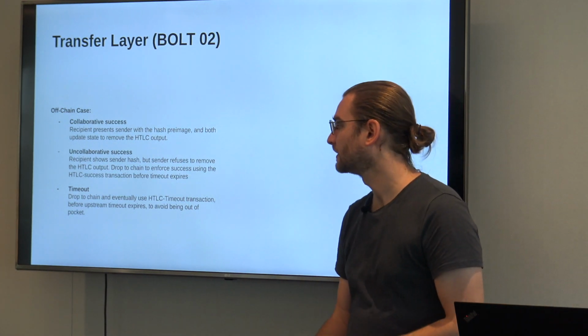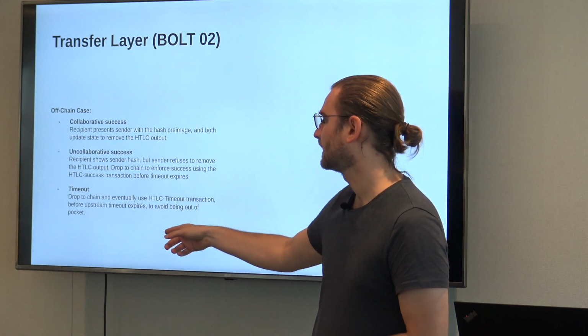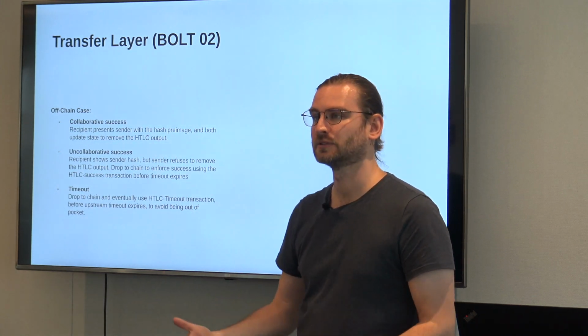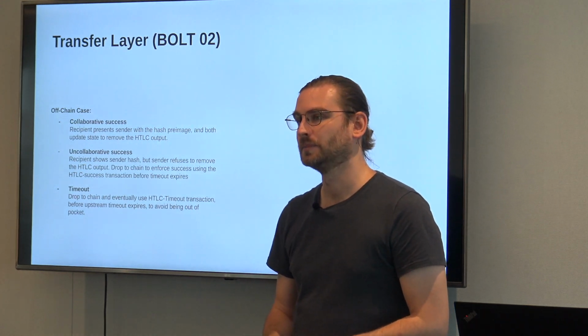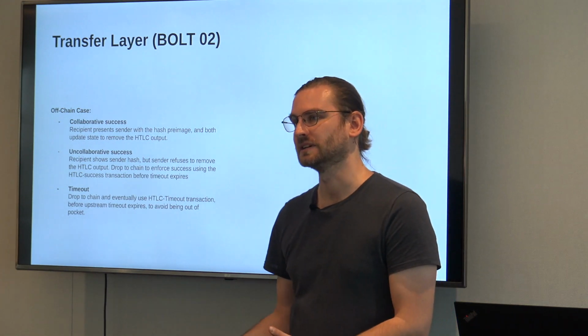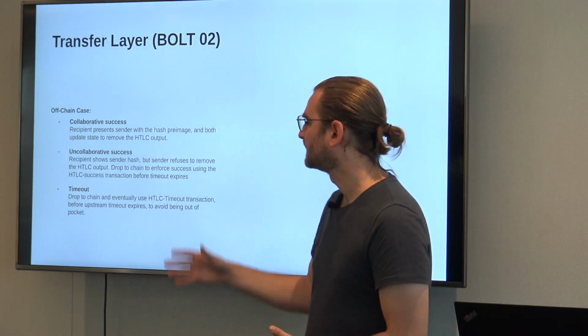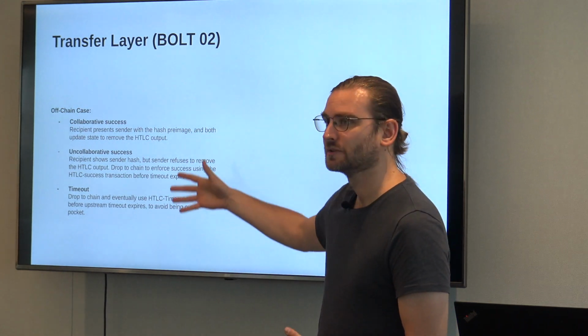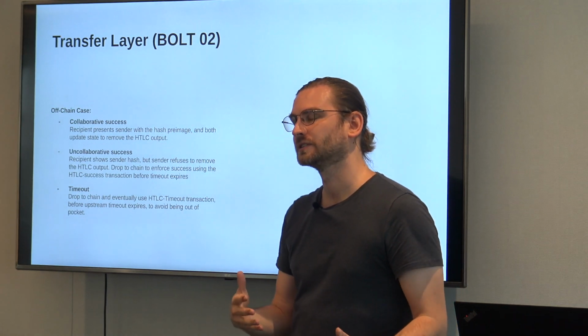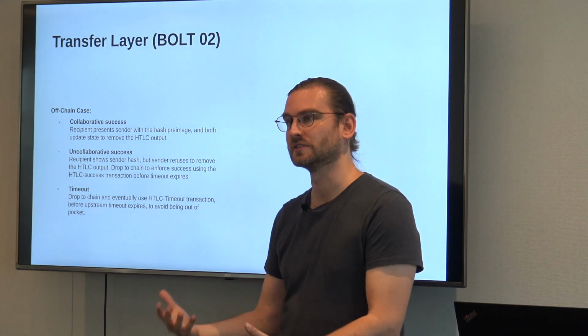So there is a fourth case where we say, okay, this is a collaborative failure, but that does not have any on-chain reflection, basically. I'm trying to show the cases where you start with an HLC and then how you resolve them.